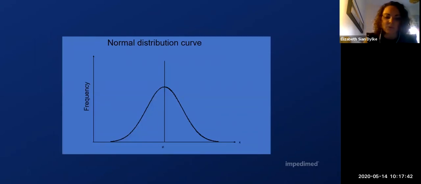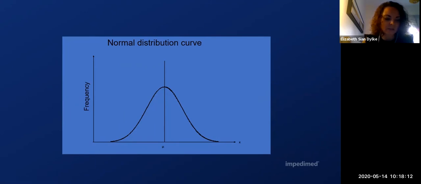When you collect data, one of the first things that you look at is to see if your data is normally distributed, or if it follows the type of curve presented here, with most results falling around the mean. So we would expect to see most of our results falling within this center section, with the line here being the mean and the higher number of results falling in there, meaning that more people fall into that area.